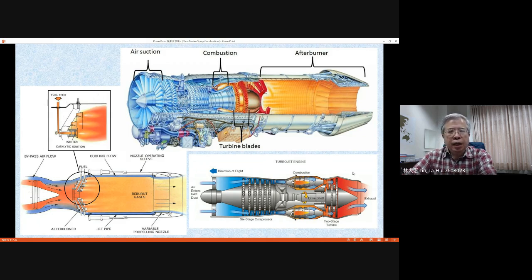In the downstream side, they go through the so-called nozzle to increase the velocity of the products.